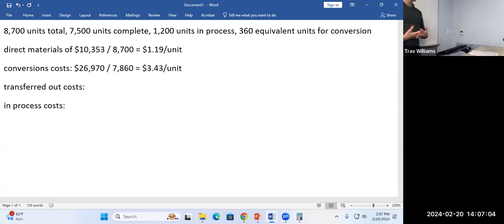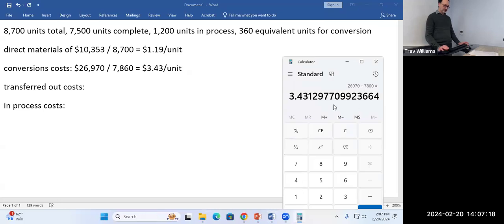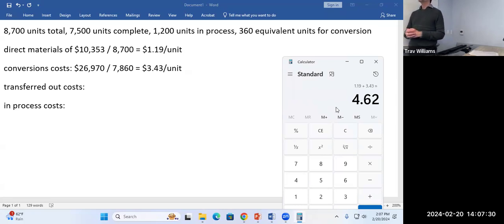So then to apply that to what got transferred out, what do we do? Multiply it by the units complete. Okay. So there's 7,500 units complete, and then what do we multiply by that number? 1.19. Well, we can actually add the 1.19 to the $3.43, right? Because that's going to be the total cost for the material and conversion combined.